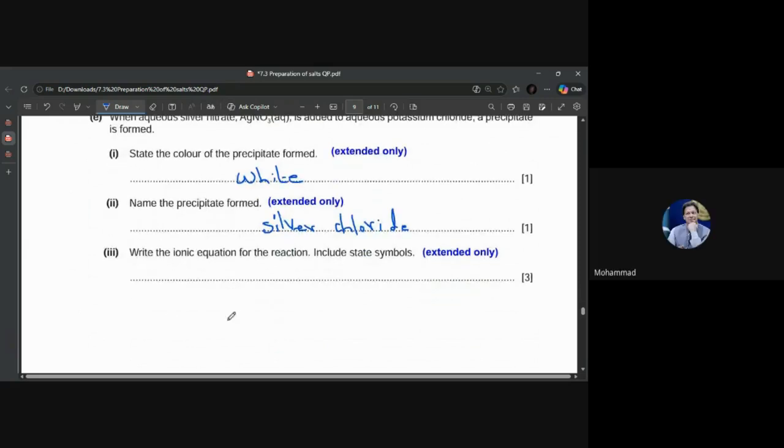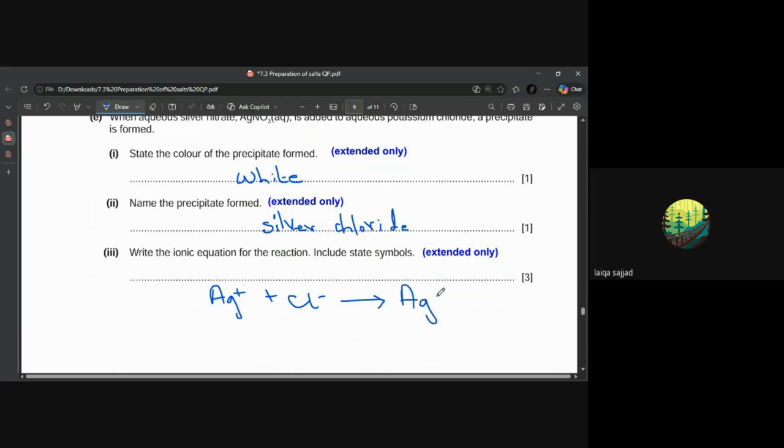So, silver, very good, it would be Ag+, Cl-. Very good, Cl- because we know that our precipitate is silver chloride, so obviously it would consist of silver and chloride ions, and it will give you AgCl.